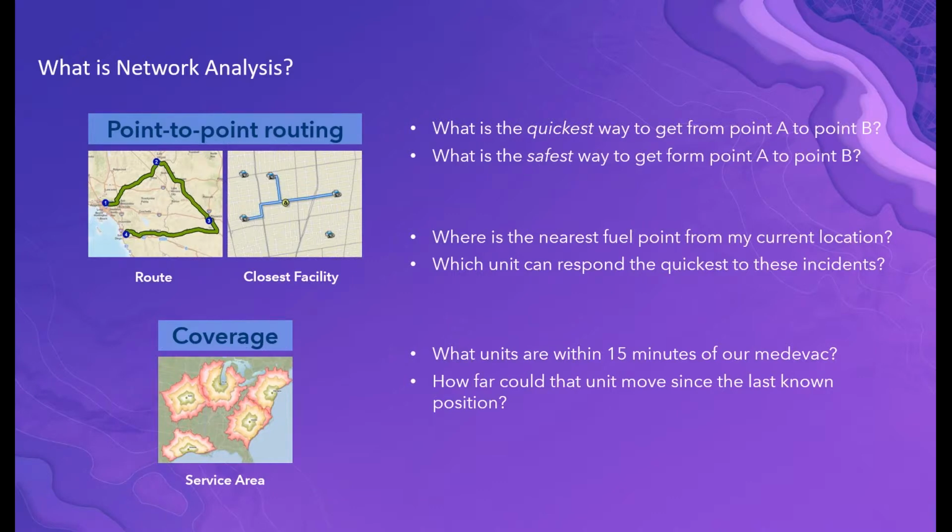We might also need to utilize other things like load class restrictions, or maybe take things like normal traffic patterns into account. Other analysis we might do is, where's the nearest facility? Where's the nearest hospital? Those kinds of questions, and how do I get there? And again, we've added other tools recently for things like service area calculations, which allow us to understand the reach of a certain unit over various time intervals.